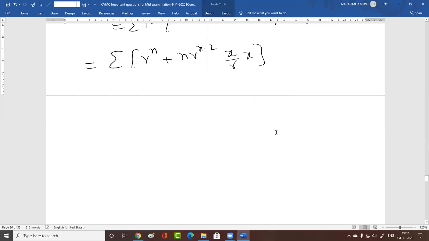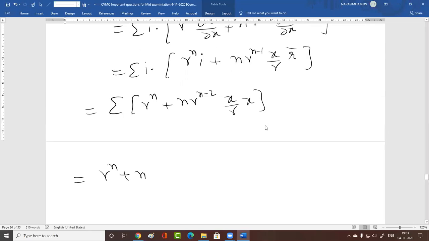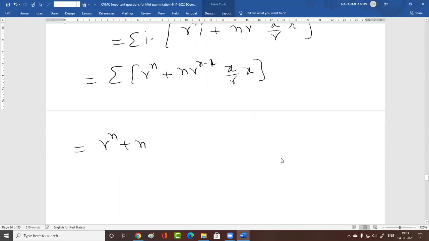Now I will expand the summation. r power n plus n r power n minus 2 into x square is the first term. In the expansion, for the second term, replace x by y, and the remaining terms are the same: y square.